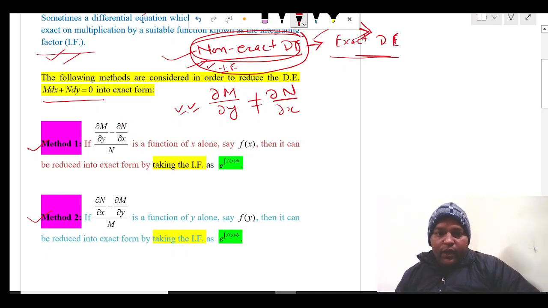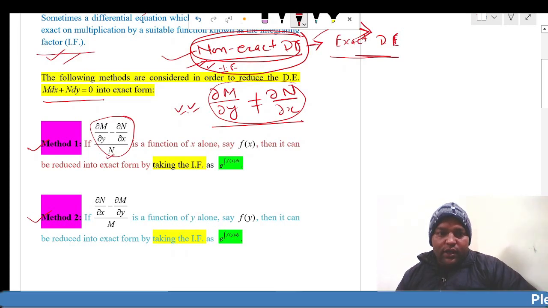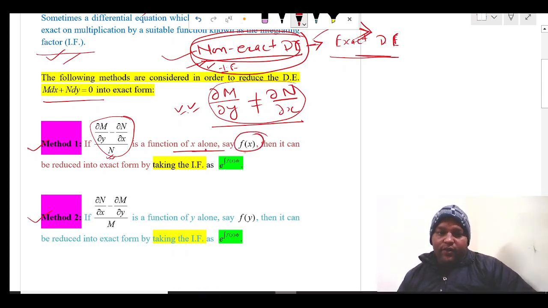Suppose we find the expression del M over del y minus del N over del x, and divide this difference by the function N. Suppose the result is obtained as a function of x alone. Suppose this function is taken as f(x).